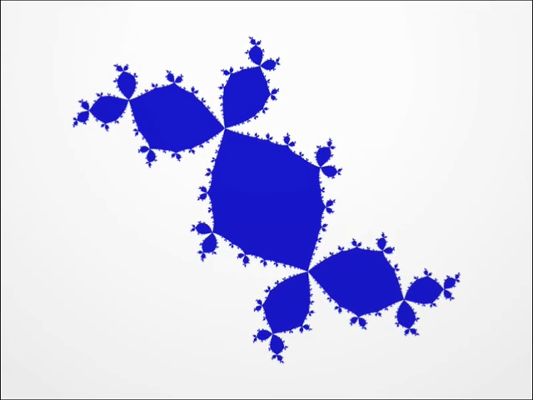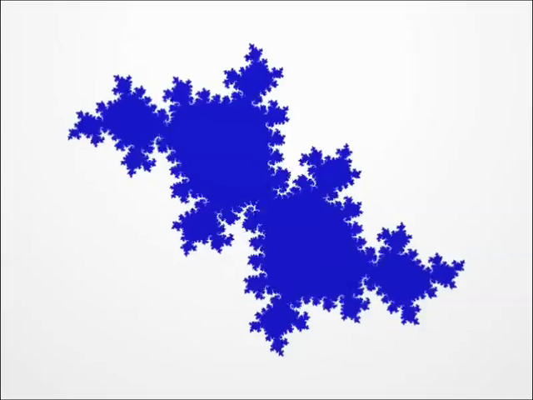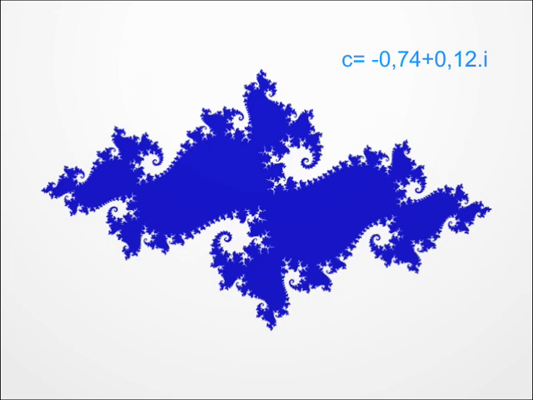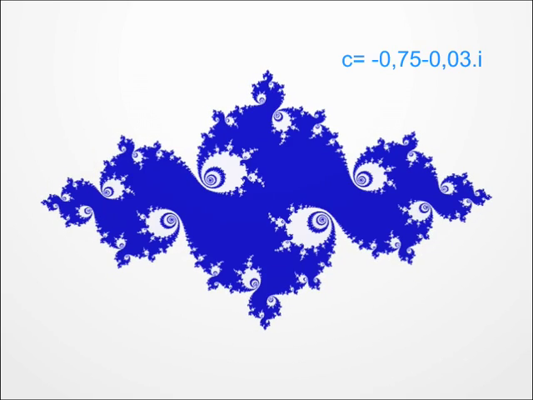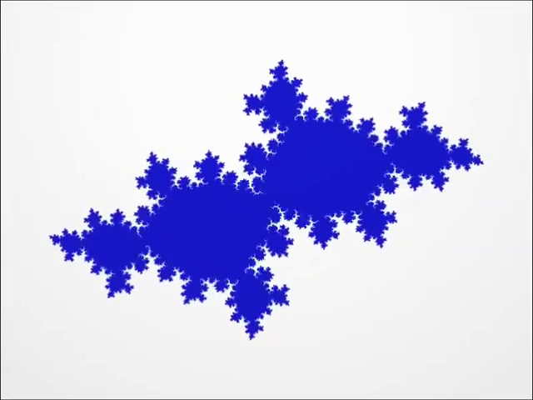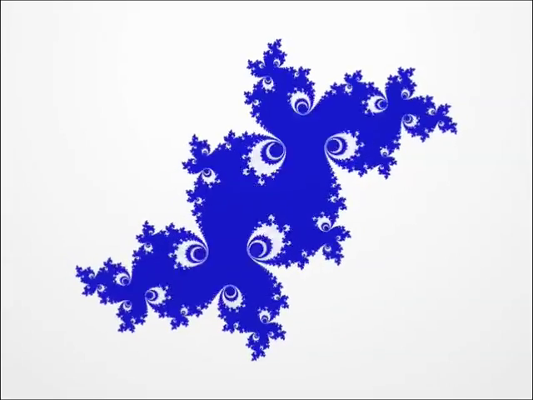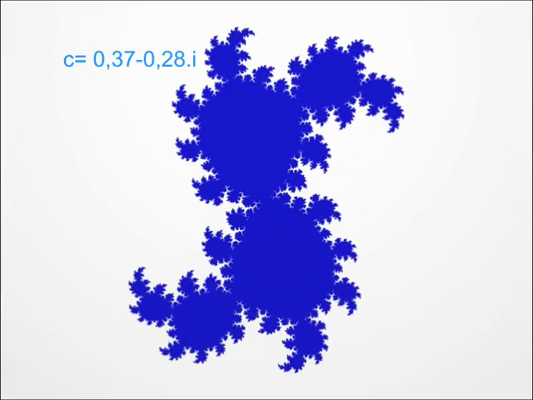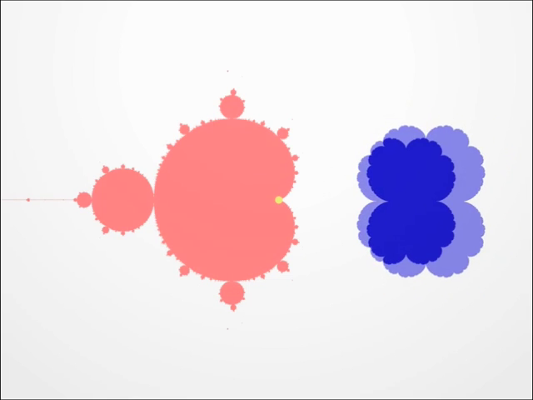Here is the one I called the rabbit. In order to understand how these shapes change, I will show you several things in parallel.